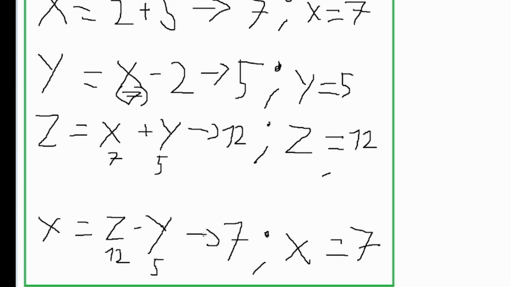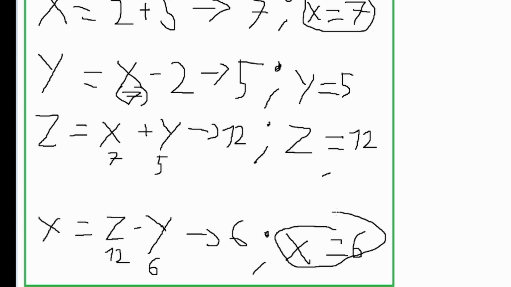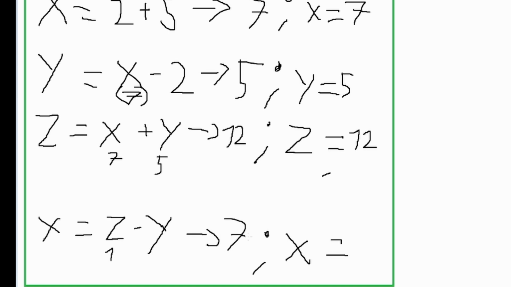So if y was, let's say, 6, then it would be z minus y, it would be 12 minus 6, it would be 6, and the x would be equal to 6, sorry. So we see that we redefine variables sometimes. We got 7 at the beginning, right? Now we got 6. Well, in our case, it's still just 7, but we can essentially just redefine variables like this.